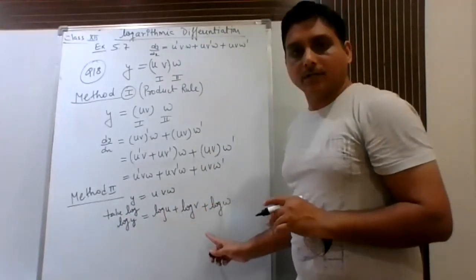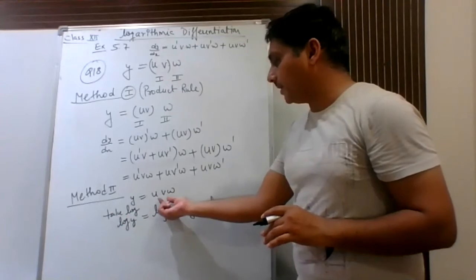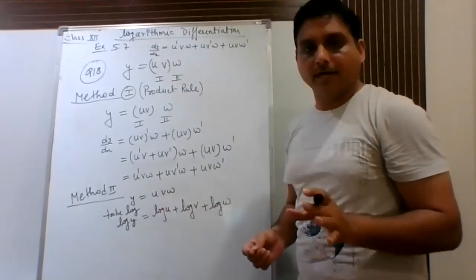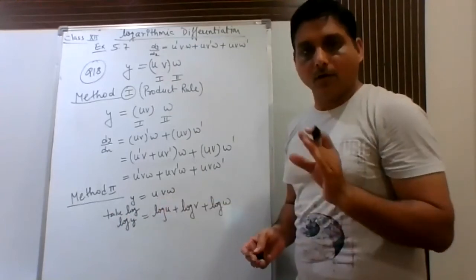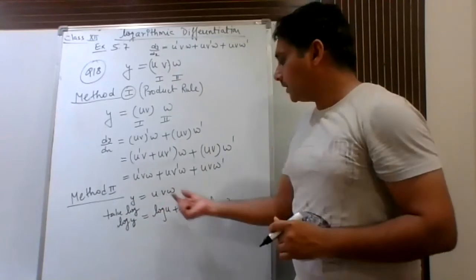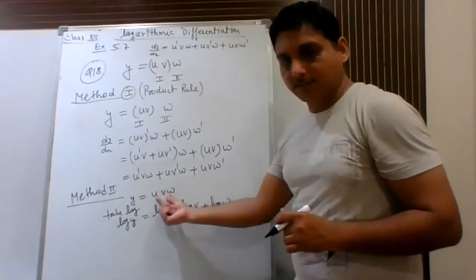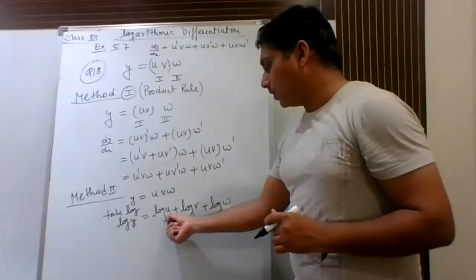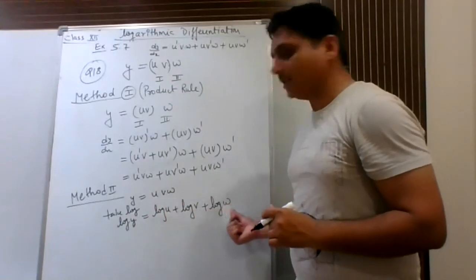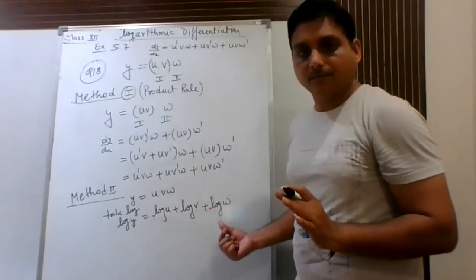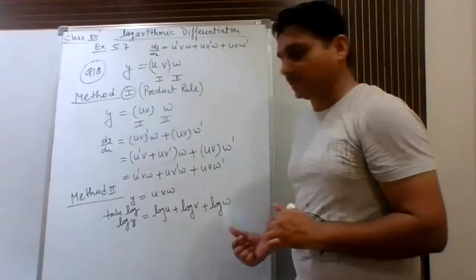Now what I have done on this right hand side, I applied that property number 1. You know that log mn was log m plus log n. Now similarly, when we have three functions, then you can write this as log u plus log v plus log w. It's that first property of logarithmic differentiation.